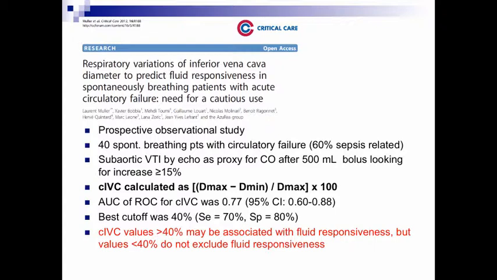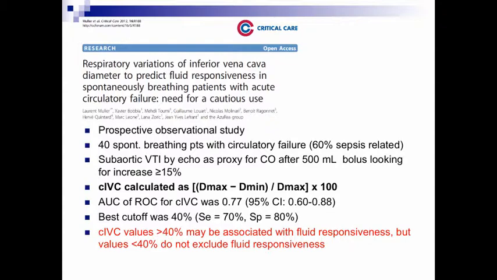The best cutoff for the collapsibility IVC index itself was 40%, with a sensitivity about 70% and specificity about 80%. So if you have a collapsibility IVC value greater than 40%, that's probably associated with fluid responsiveness in a spontaneously breathing patient, but a value less than 40% is not going to exclude fluid responsiveness necessarily.